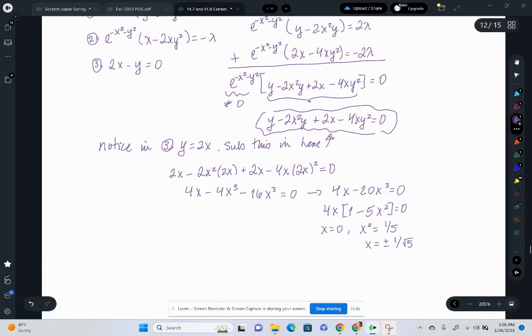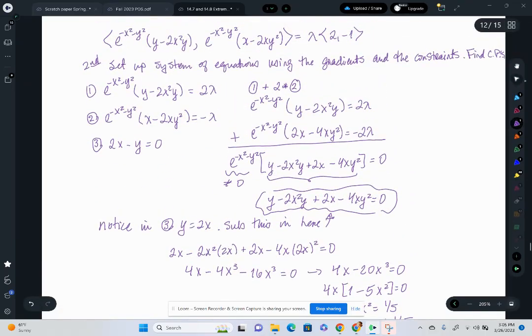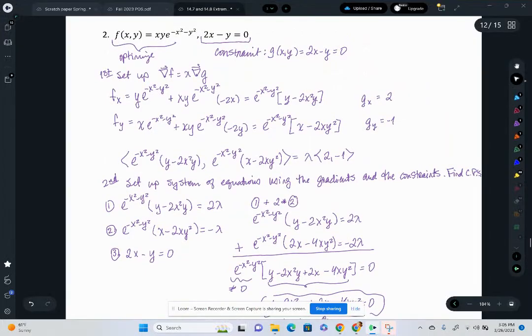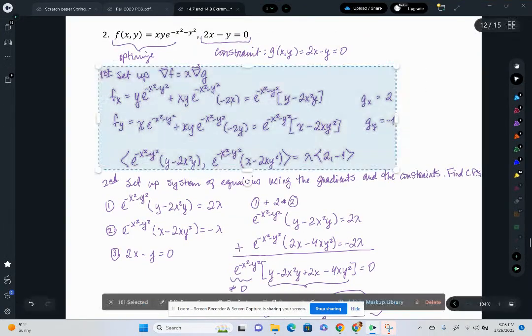Okay, just checking on my space here. I'm going to need to shrink down a little bit of my work so I have enough space to finish up here.